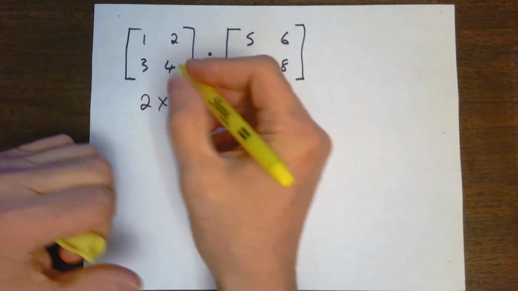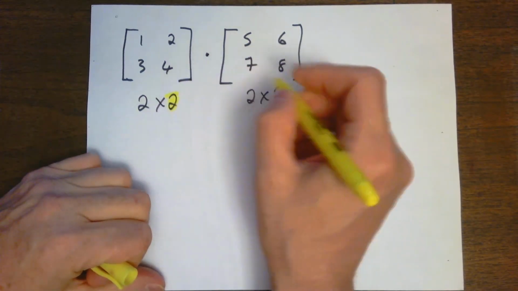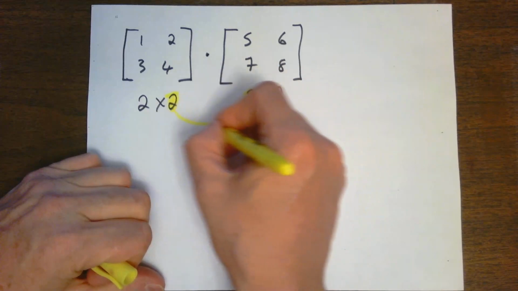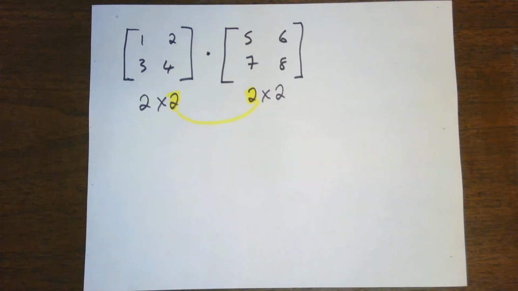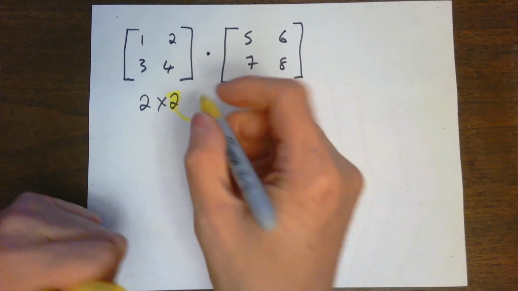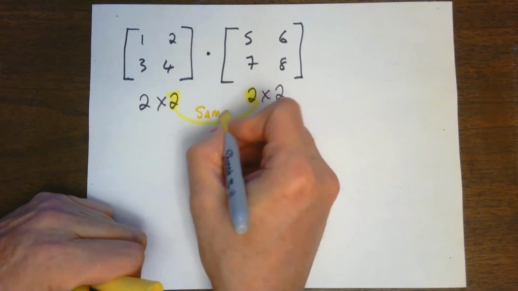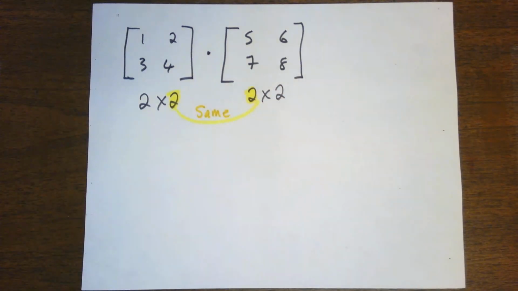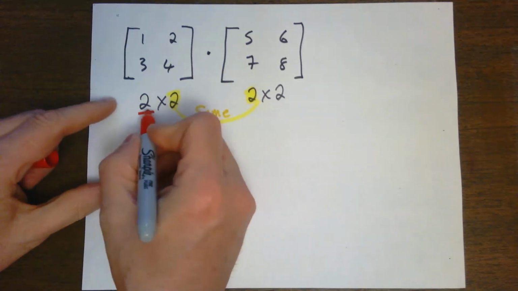Well, since the number of columns in the first matrix is the same as the number of rows in the second matrix, that means I am allowed to multiply them together. What will be the dimensions of my resulting matrix?